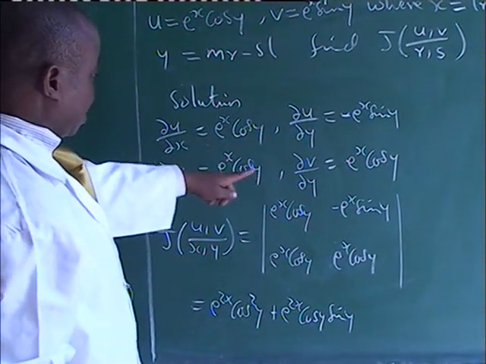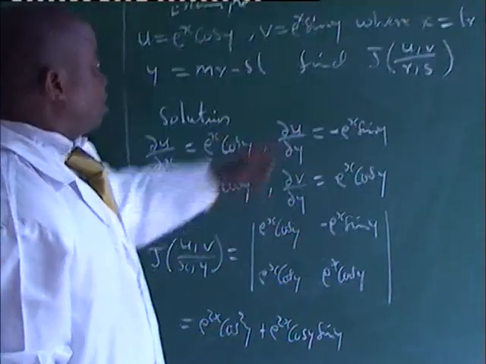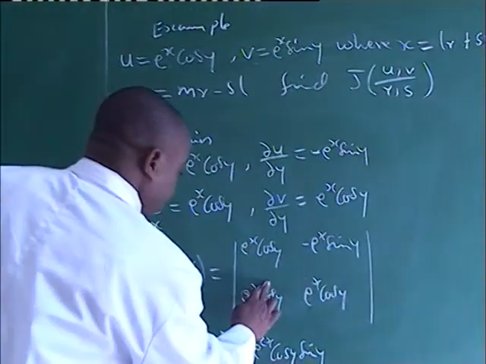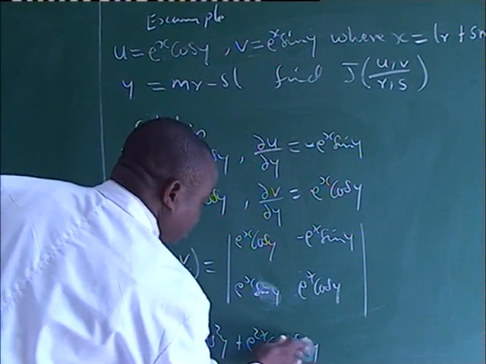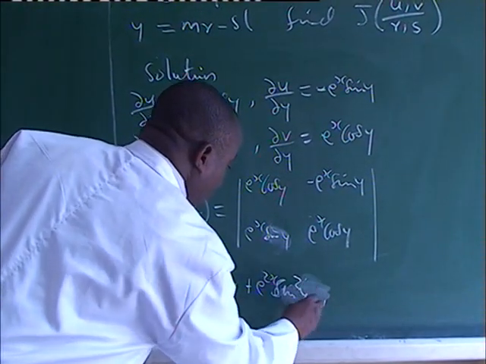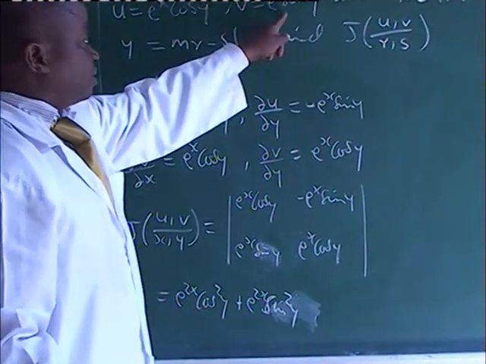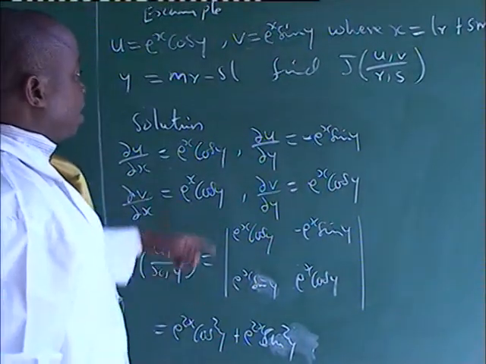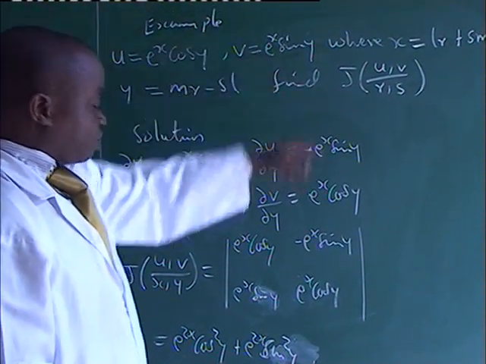Let's look at it. v with respect to x is giving us sin y. So here we will have sin squared y, and v with respect to y is giving us e^x cos y.